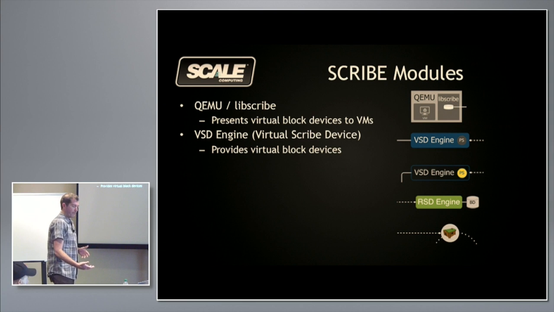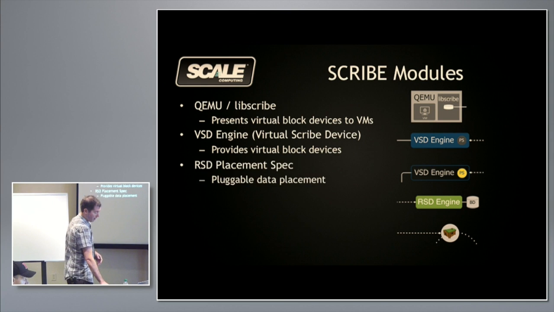The VSD Engine, and you'll hear this term a lot. VSD is just virtual Scribe device or virtual storage device, but that's basically the virtual disk image that's presented to the VM. And the RSD placement spec, a subcomponent of the VSD engine, is really an algorithm that is responsible for selecting which disk data gets placed on, and I'll go into that in more detail.